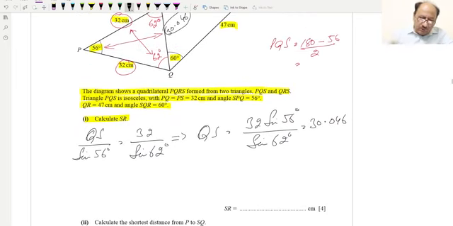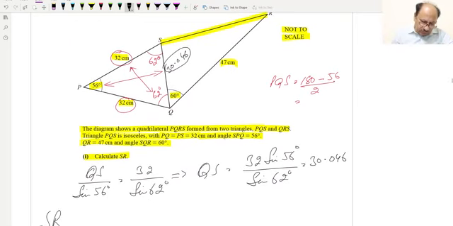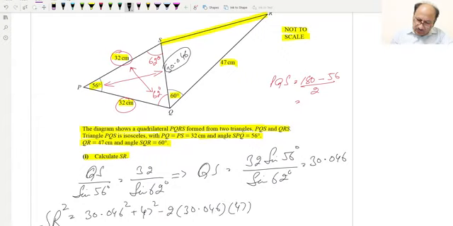We have two sides and the included angle, so we can apply the cosine rule. SR squared will be equal to one side, 30.046 squared, plus the other side, 47 squared, minus 2 into 30.046 into 47 into cos of the angle, which is 60 degrees.